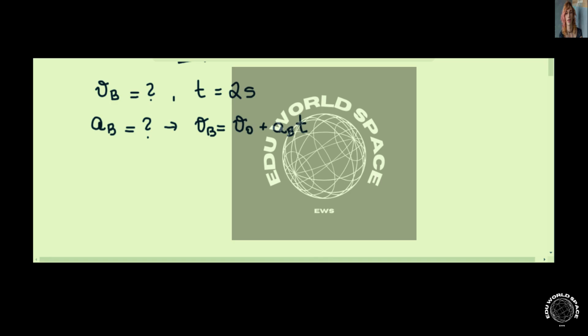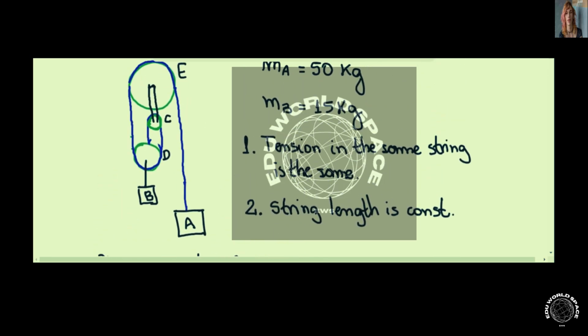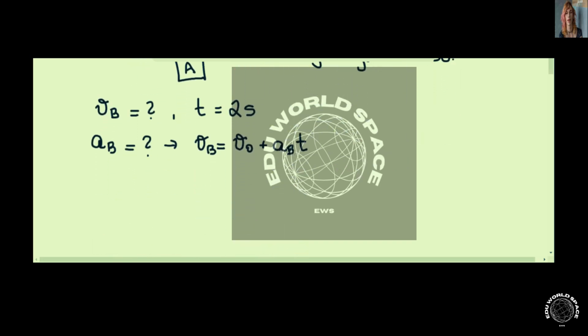So what do we need to do in order to find the acceleration? First of all, I'm going to apply the first principle that I wrote here. The tension is the same throughout the string. So basically, I'm going to draw a free body diagram for both blocks. So let's start with point 1. Consider that we have block A here.